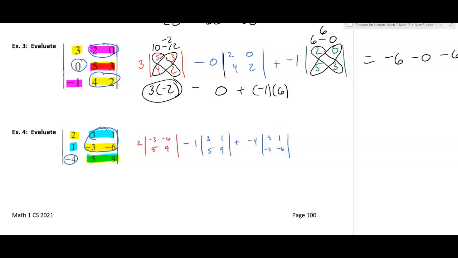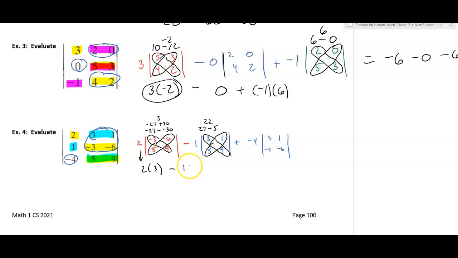So right away, if I calculate the determinant of each of these, that's going to be -27 minus -30, which becomes -27 plus 30, which is going to be 3. So we have 2 times 3 minus here 27 minus 5 will give you 22.